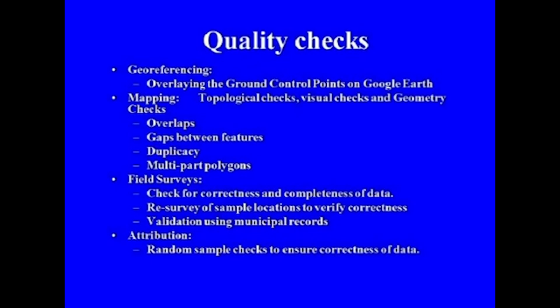Field survey was undertaken to check for correctness and completeness of the data, resurvey of sample locations for verification of correctness, and validation using municipality records. The attribute definition was also checked through random sample checks to ensure the correctness of the data being stored within a GIS database.